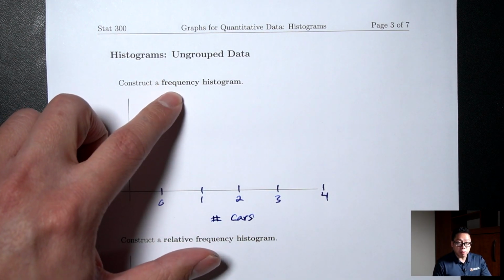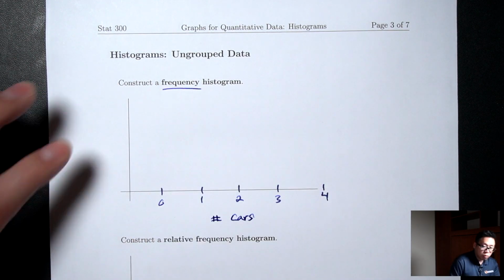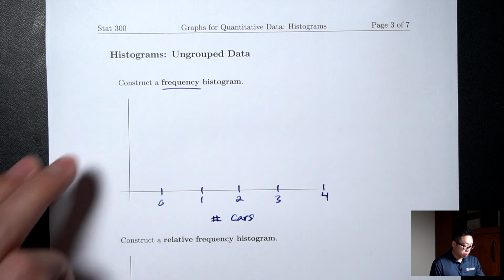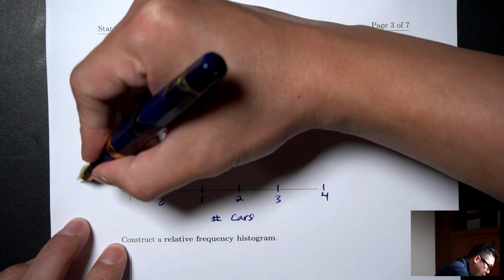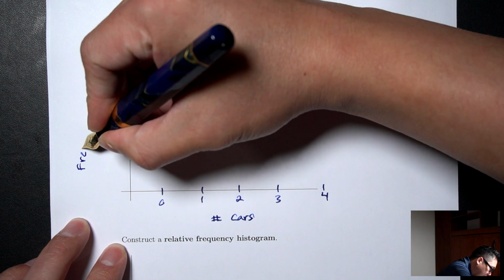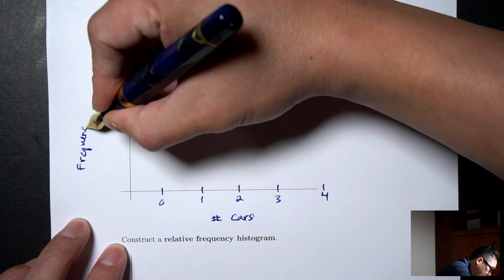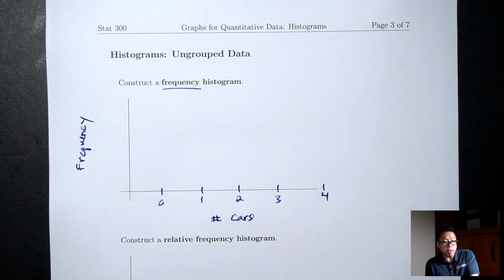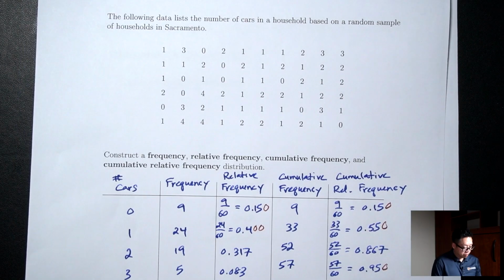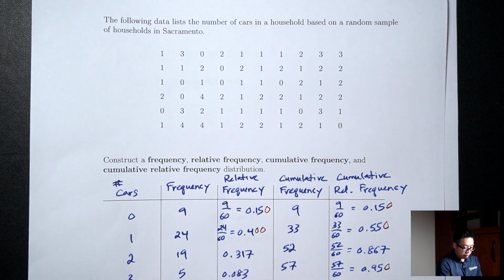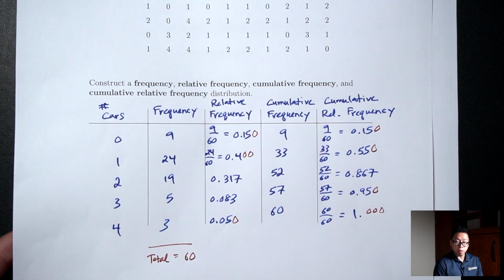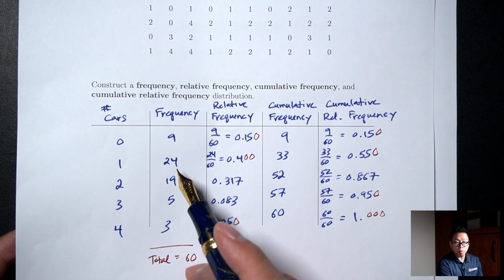Now this is called a frequency histogram, which means I should be putting frequency on the y-axis. And if I look at my frequencies, I have 9, 24, 19, 5, 3. So when I number my frequencies, I need to go all the way up to 24.